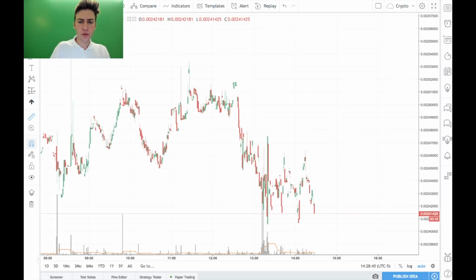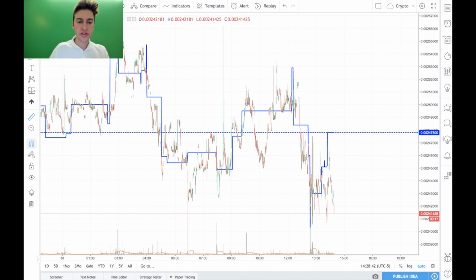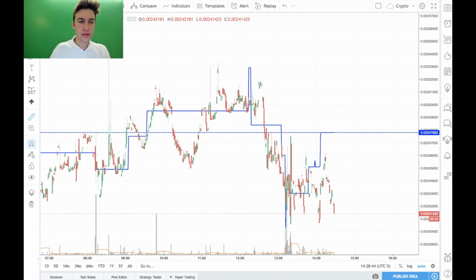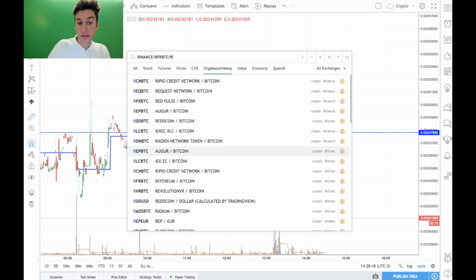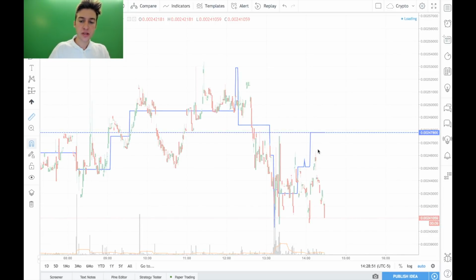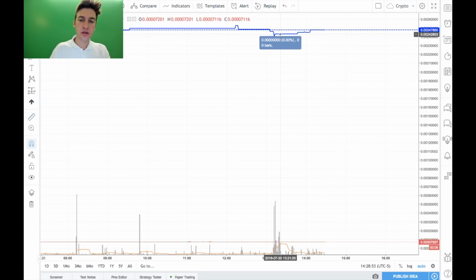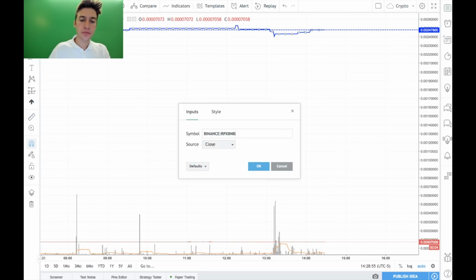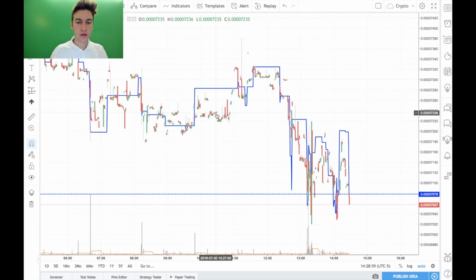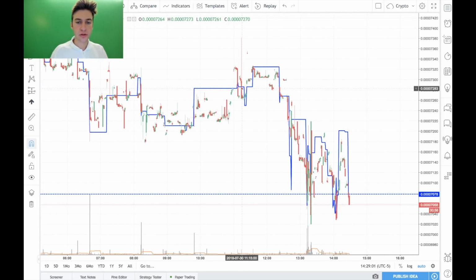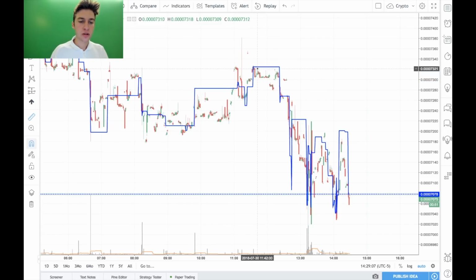It can also help to go in the 1 minute too, if you really want to see fine-tuned discrepancies. If I wanted to do this to ETH instead, I could switch this to RPX ETH, and you'd be able to see, you could snag these rates here and immediately try to sell when it goes back to parity, like something like this.